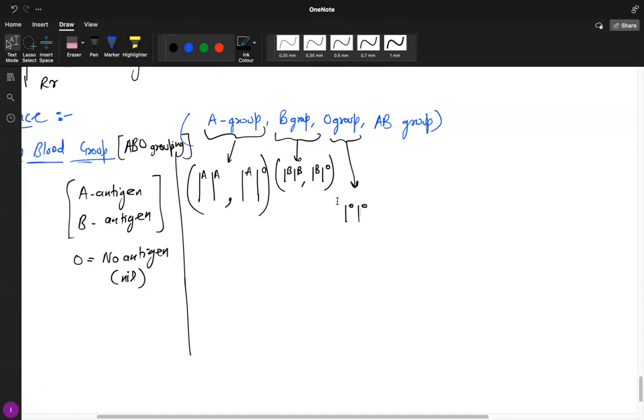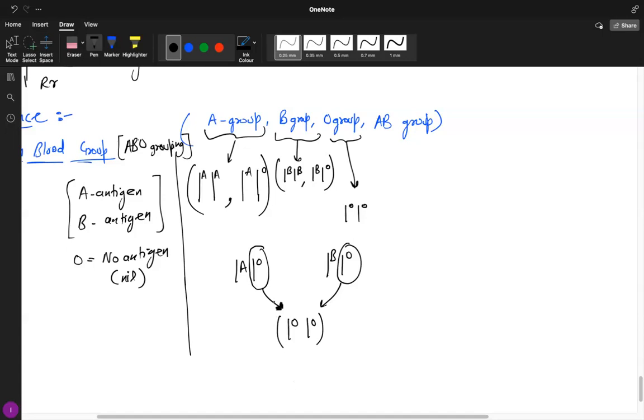I understood what I said. So there's a mistake in my statement. When both your parents give you the O allele, okay? They can be A group, B group, or O group. For example, this parent has an A blood group, but he or she has one O allele which they can give in one of their gametes, and from the other parent, let's say B group, this allele can come, and hence the kid can be O group.